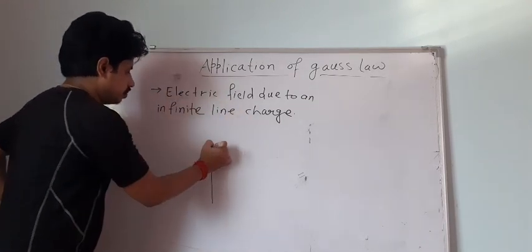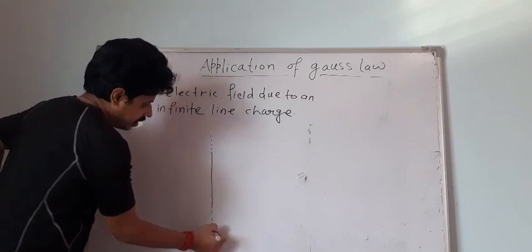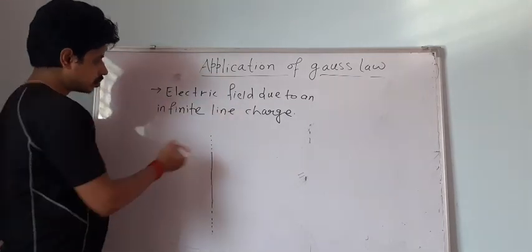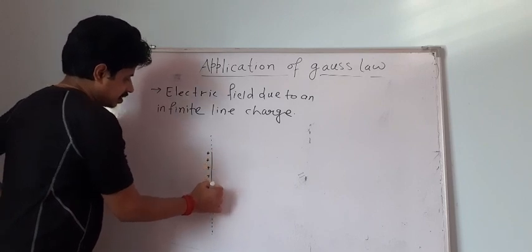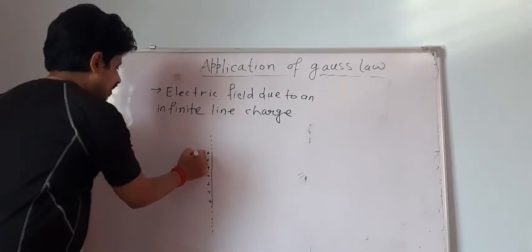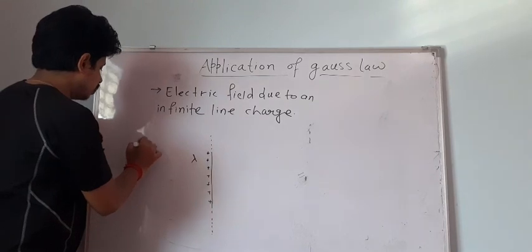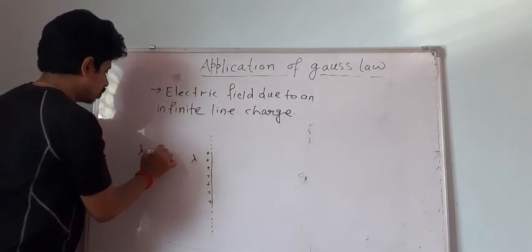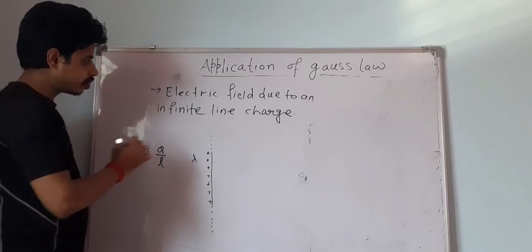Suppose this is my infinitely long wire which is having a linear charge distribution, and its density, linear charge density, is lambda, where lambda is equal to charge per unit length. Fine.